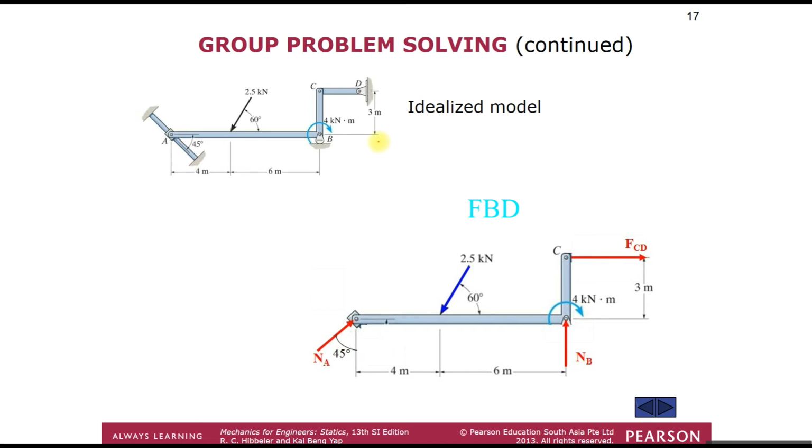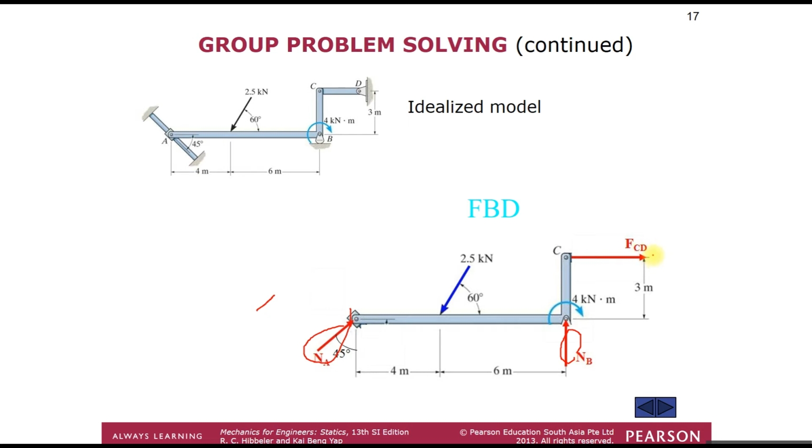If we draw the idealized model, then we can move to the free body diagram, with the action of the supports acting on this, because of the rocker and also the fixed support. Now here we draw only FCD, just one.